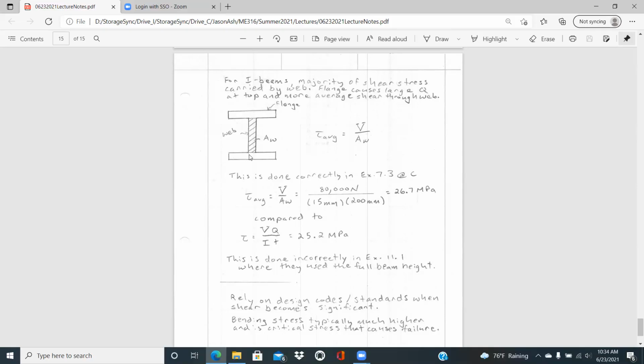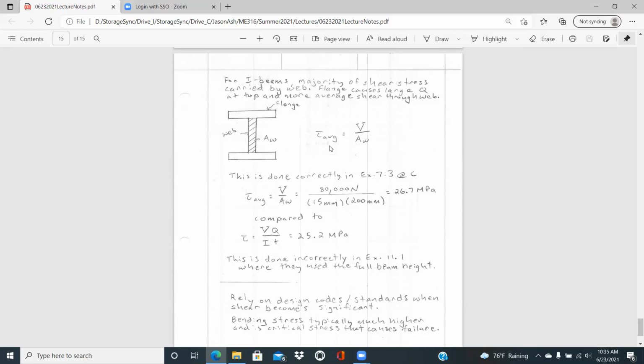And so if you're taking into account a larger area, that's going to drive down your estimate on your shear stress. And anytime we're doing a ballpark estimate, we want to make sure to use the smaller area, as that would give us a larger shear stress for our estimate. And so you always want that larger estimate of stress, so you're confident in the safety factor that you're getting out of that.